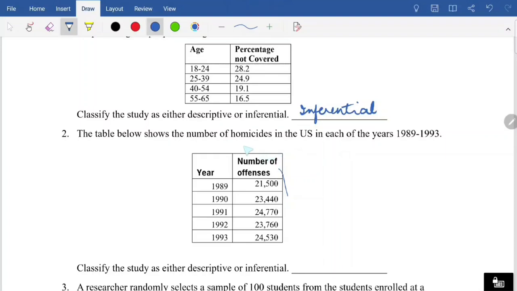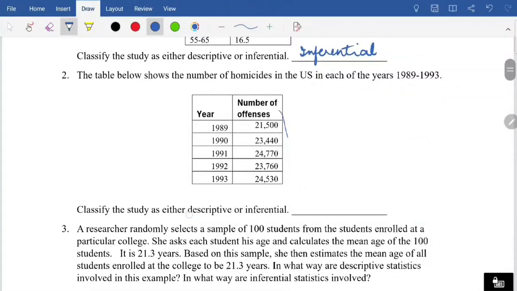All right. It doesn't say whether this is a sample study, whether this is an estimate. It says that the table shows the number of homicides in the US in each of the years. So this is actual data based on the information provided to us. We can pretty much assume that this is actual data, and therefore, this is descriptive statistics. All right.